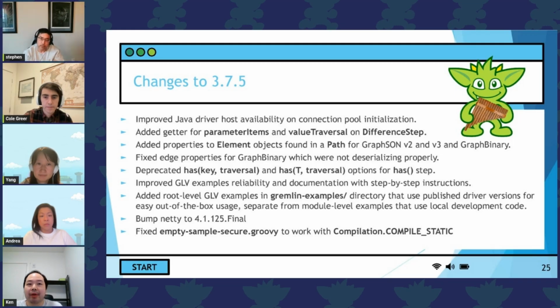These examples are very similar to what we had per GLV. Each GLV before had an examples directory, but now these are all centrally located at the top of the repo, and they specifically use the released versions of the drivers and GLVs. So there's no building required. You can just pull these and run them.